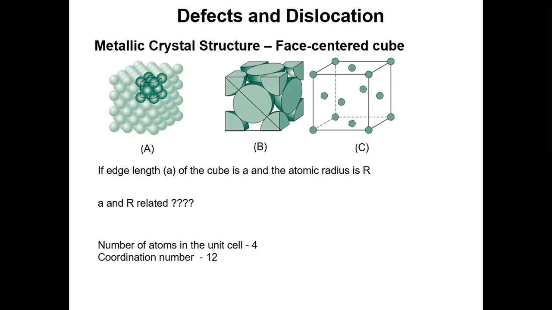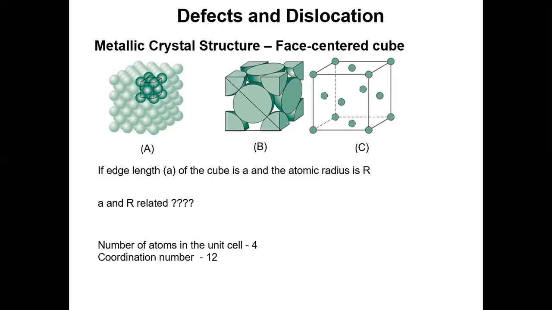So you have 8 corners in a cube, and if you think there are 8 atoms in corners, but those 8 atoms are shared with 8 unit cells, right? So to find the portion of the atom that comes to this one unit cell, how do we calculate? We have to multiply that 8 by 1 over 8, because there are 8 unit cells at the corner, but only 1/8 of the atom belongs to 1 unit cell. So that is 1.